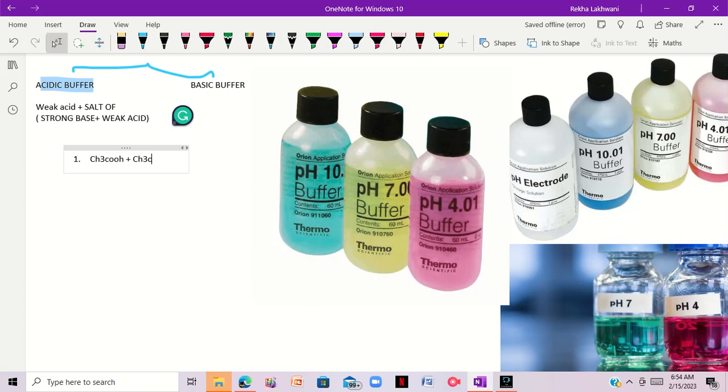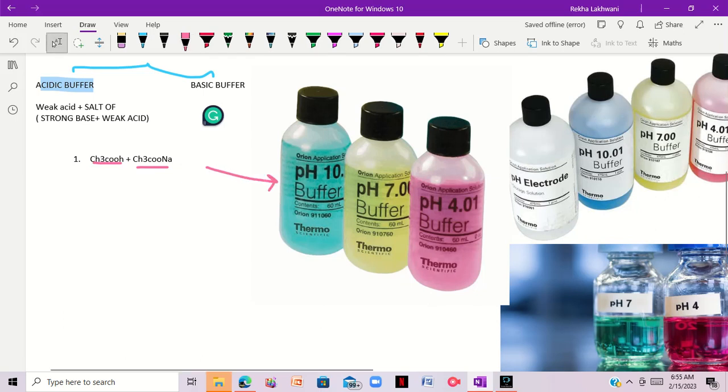This is acetic acid, which is a weak acid, and here we have sodium acetate, which is a salt of a strong base. When both combine together in a solution, they make a buffer solution. Let's look into other examples too.